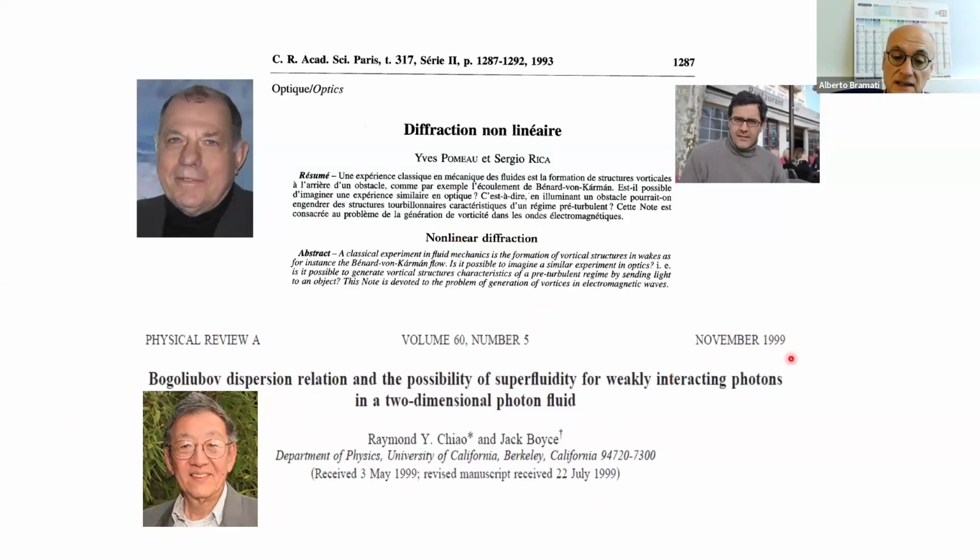In this proposal, the idea was to use a Fabry-Perot cavity with a nonlinear medium inside. And this is exactly what we have done, about 10 years after, using a polariton microcavity. We will discuss this in detail in the following.